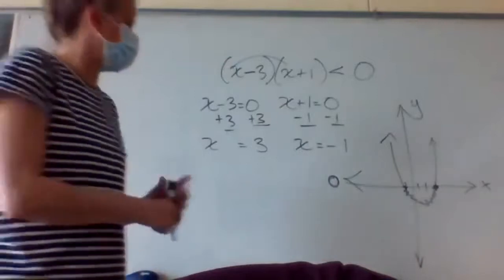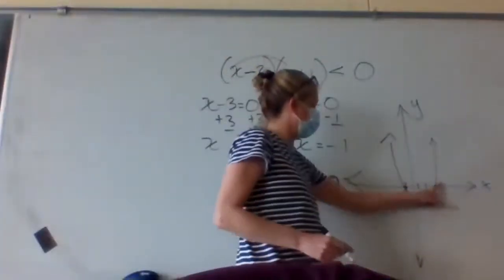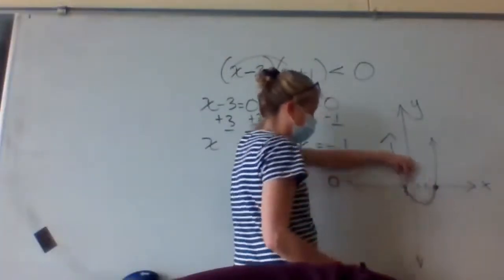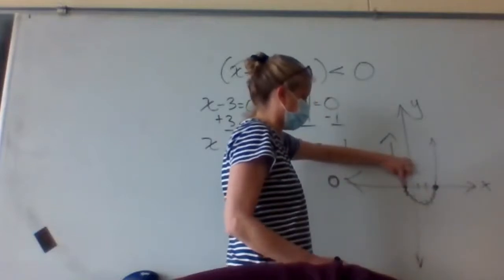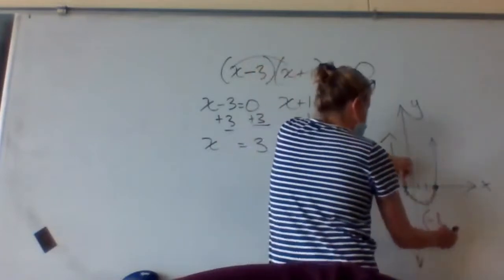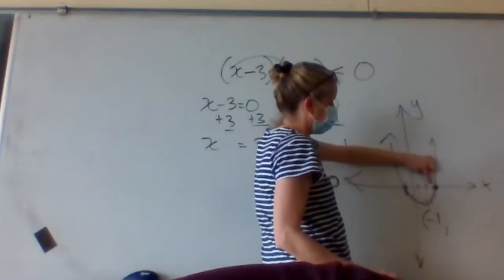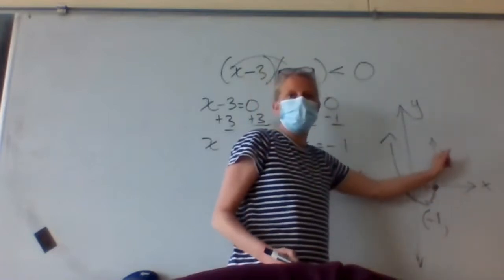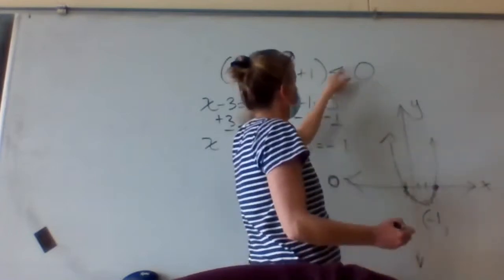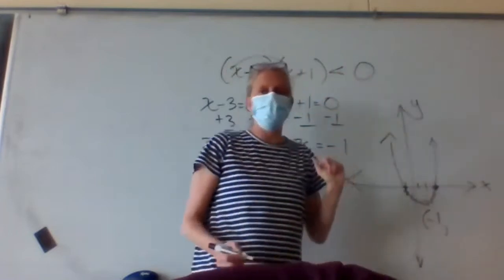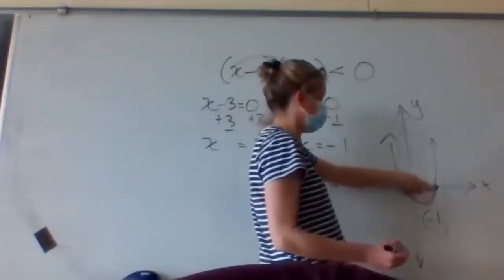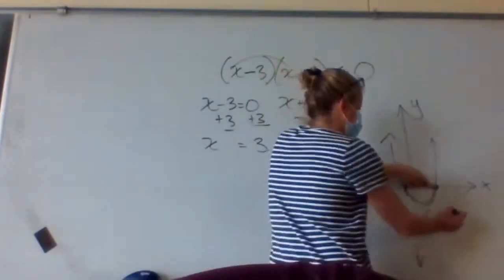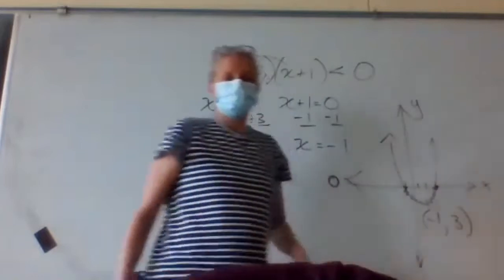What part of it is below 0? Where does it start being below 0? What is this one's x? -1. It's all below 0 until it gets to here, because once it gets to 3, what does it do? It goes above 0, right? We want to know what is less than or below the 0. So where does it stop being below 0? 3. And that's it.